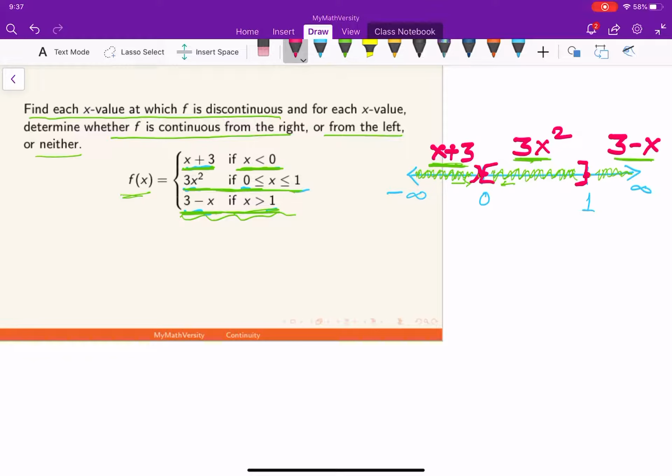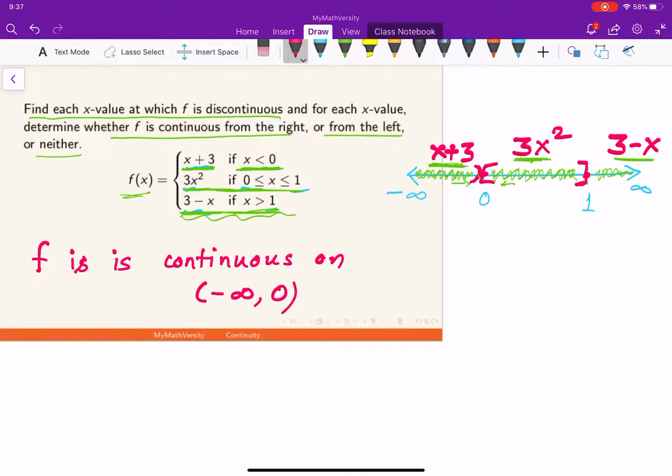But before that, by using the fact that polynomial functions are continuous on their domain, this given function f is continuous on negative infinity to 0. I'm excluding the partition numbers.